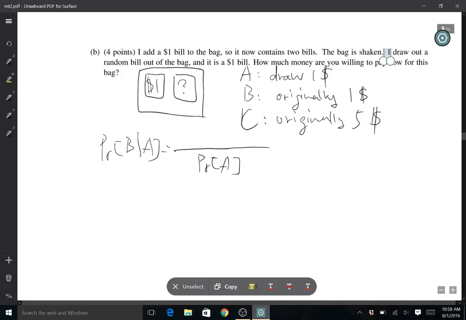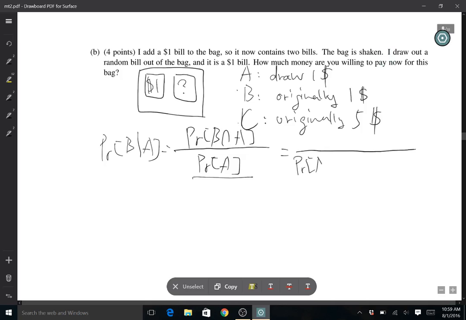Probability of A given B intersect A. So the probability of A actually depends on what the original bill in the bag is. So we'll split it into 2 different cases.